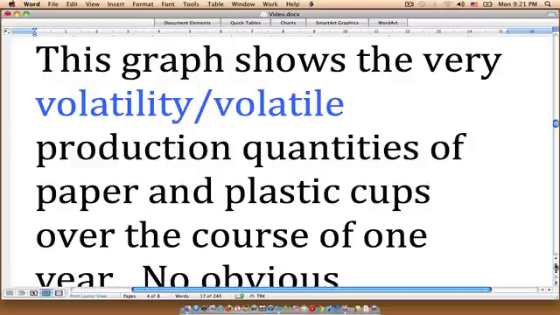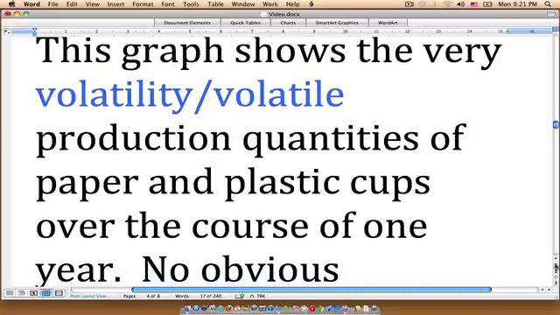This graph shows the vary volatility production quantities of paper and plastic cups over the course of 1 year. Or, this graph shows the very volatile production quantities of paper and plastic cups over the course of 1 year.